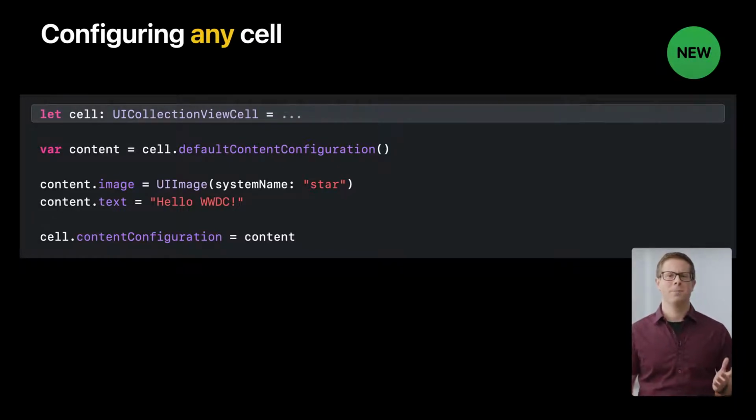How is this possible? This works because configurations are composable. Instead of all of the functionality being baked into the cell class itself, like it was with UITableViewCell, these standard cell layouts and appearances are now available as independent pieces that can plug right into any cell or view that supports them.